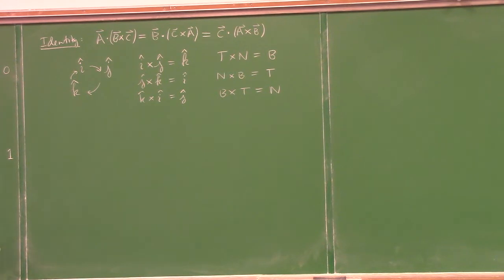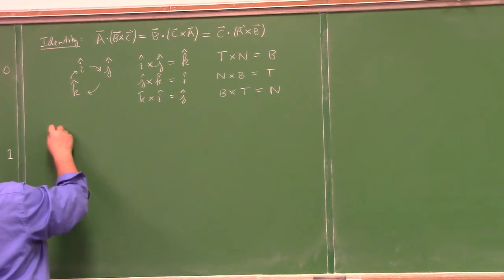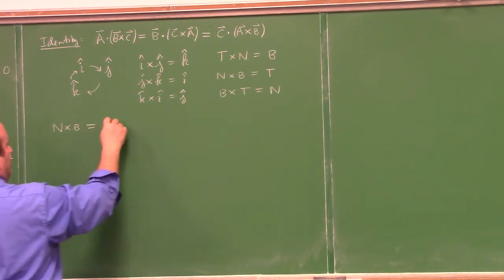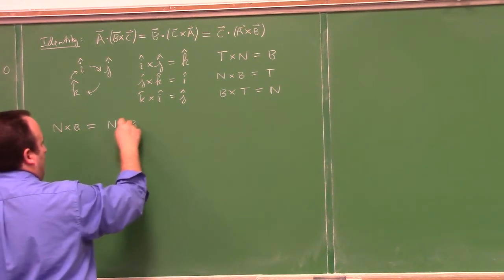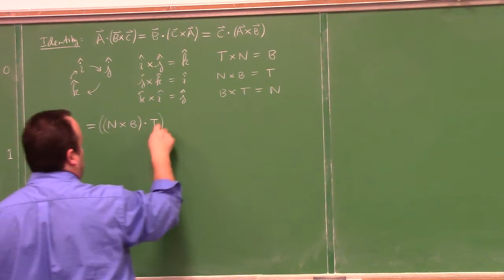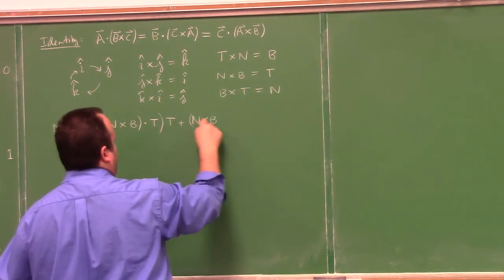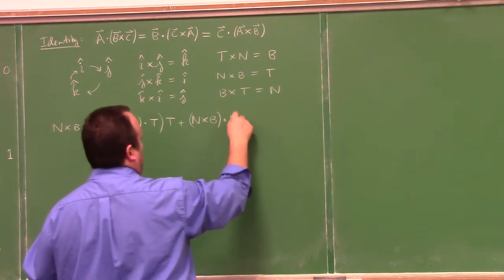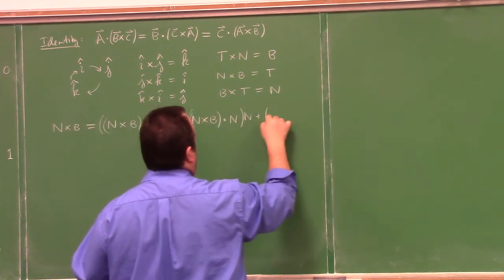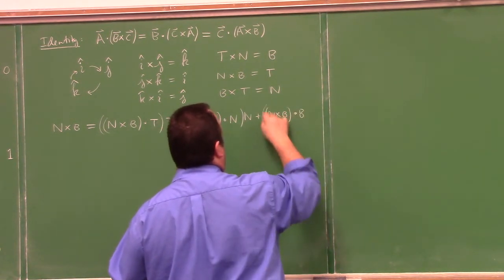So if I think about the vector N cross B, I can write that as N cross B dot T in the T direction, plus N cross B dot N in the N direction, plus N cross B dot B in the B direction.